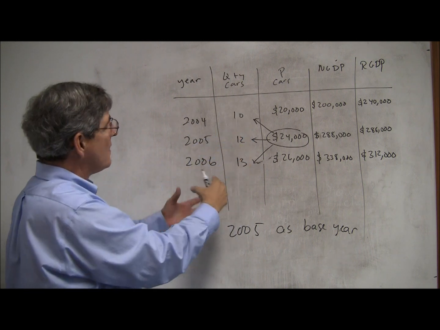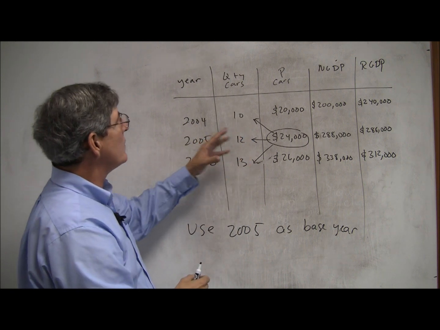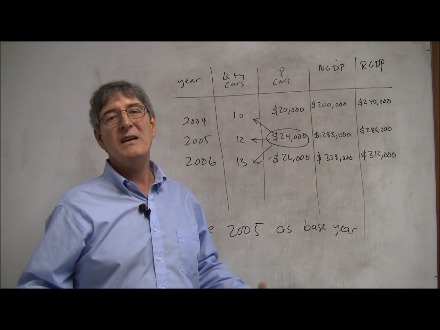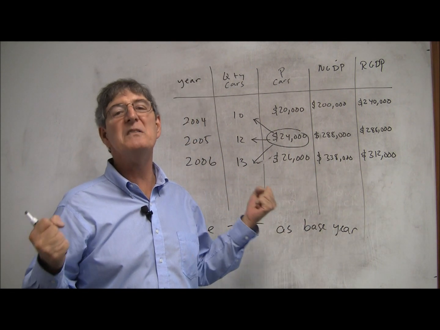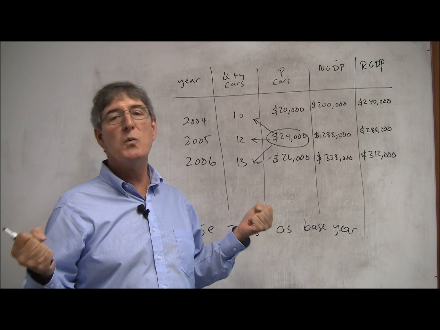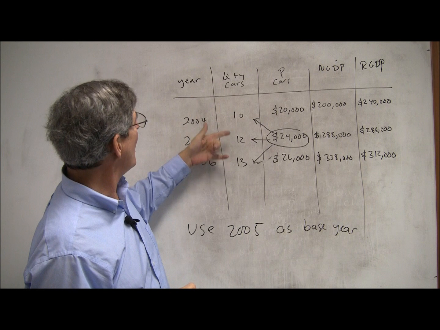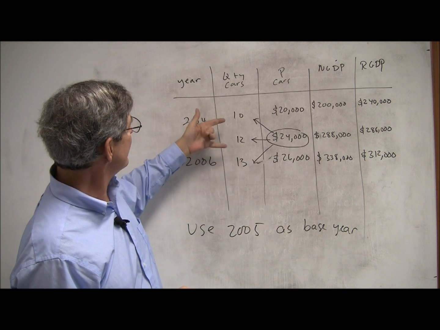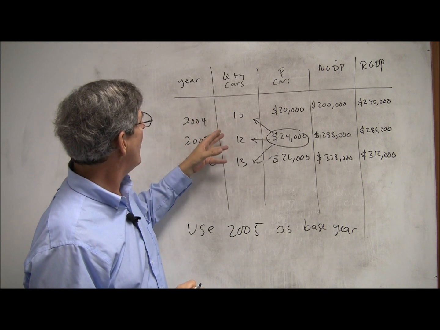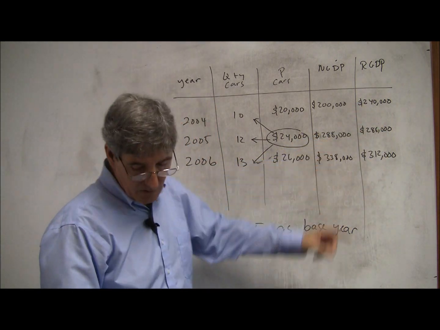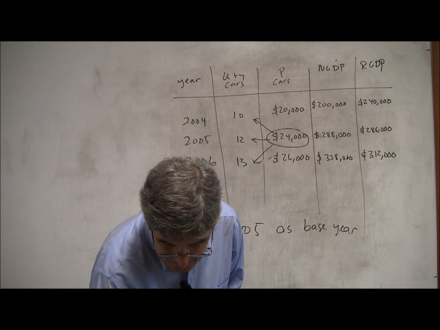Maybe one quantity is going up and one is going down, but real GDP is still going to give us an answer about how much, in terms of dollar value, the real value of bicycles and cars together is changing. In that case, you can't just look at the quantities to get a simple answer about growth in real GDP, but you can look at this number over here to get that.